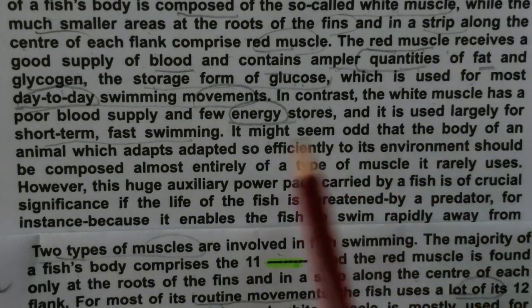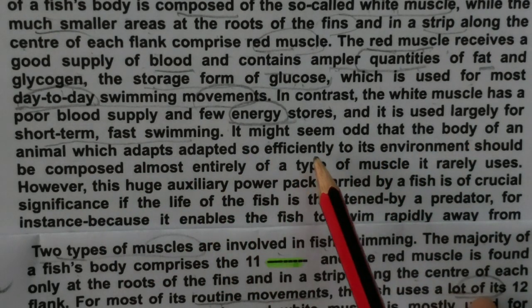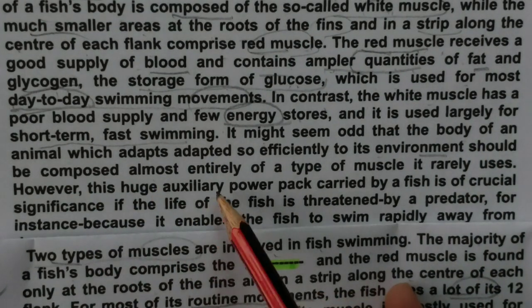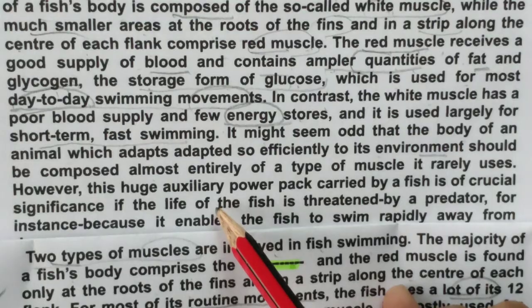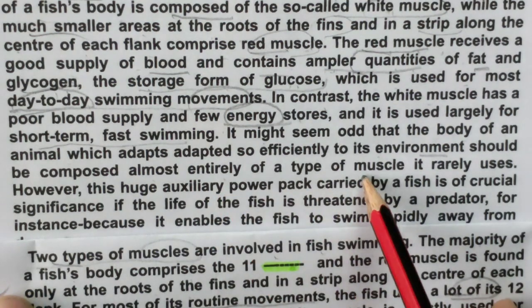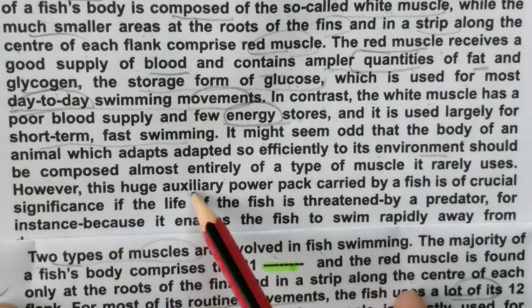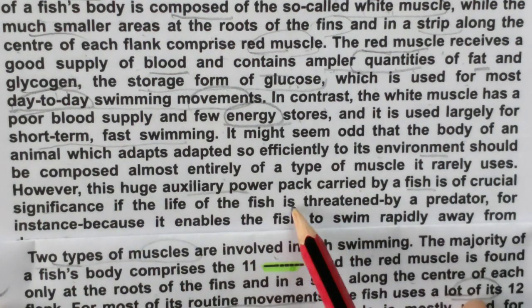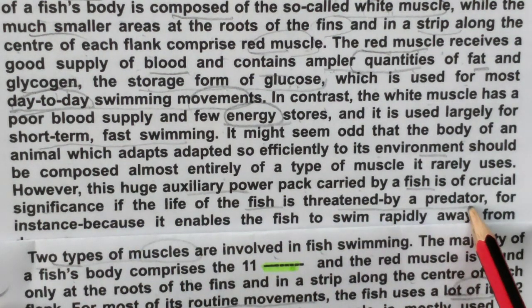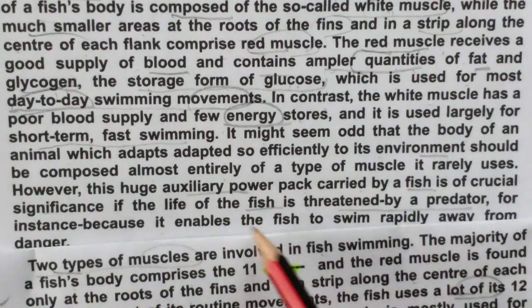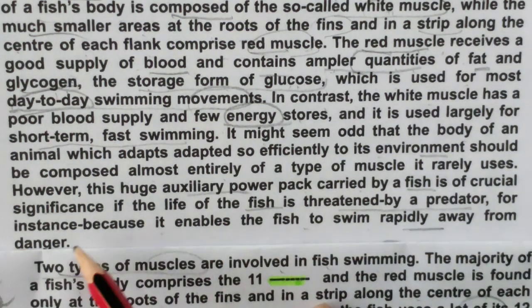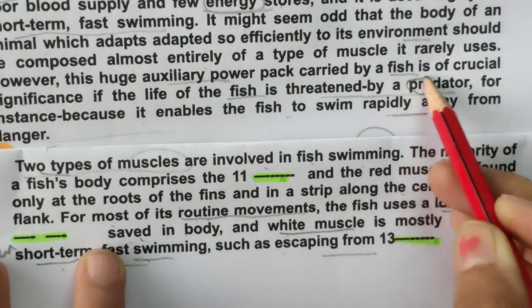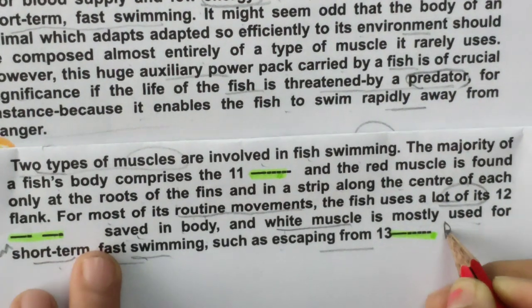It might seem that the body of an animal adapted so efficiently to its environment should not be composed almost entirely of a type of muscle it rarely uses. However, this auxiliary power pack carried by fish is of crucial significance if the fish is threatened by a predator, for instance, which enables the fish to swim rapidly away from danger. So I think escaping from predator, we can write it.